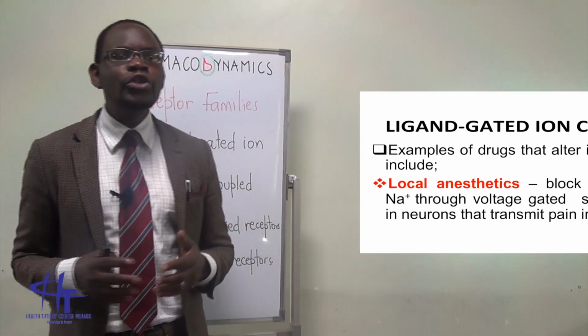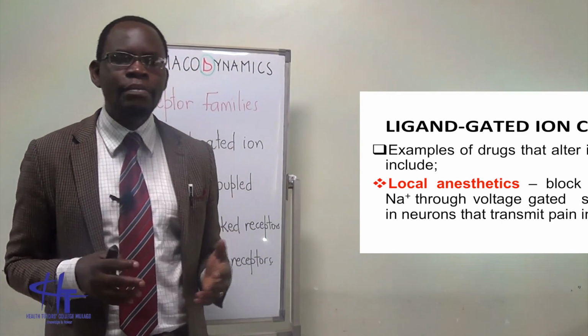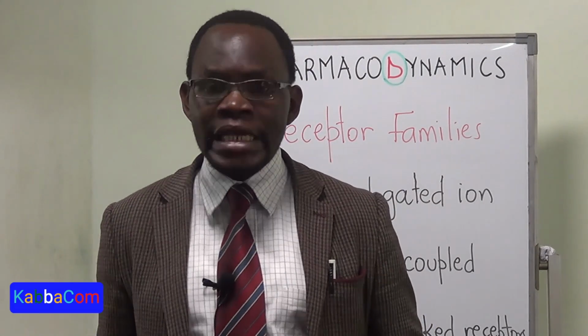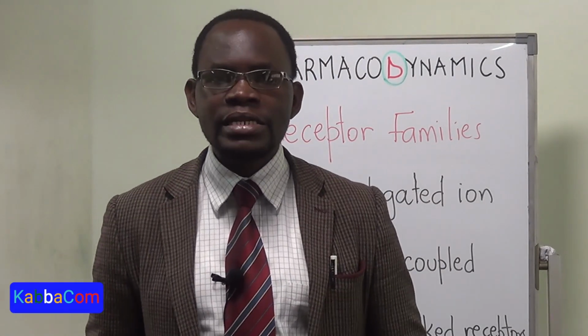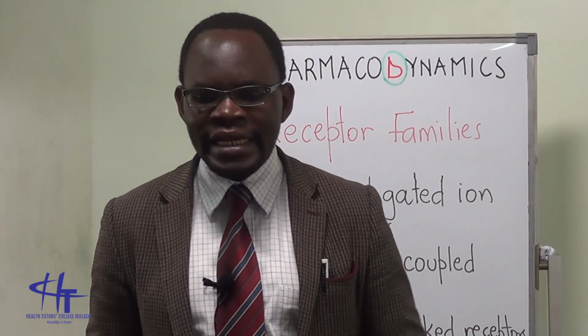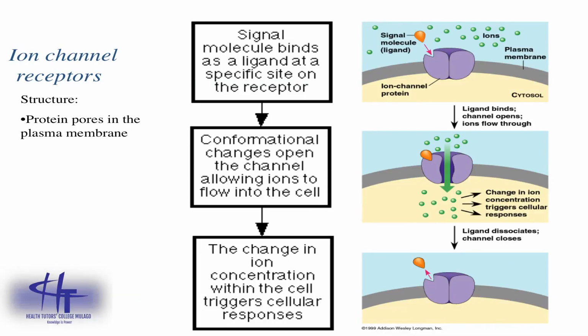Now we are going to be talking about one at a time, how it basically works or operates, and then we shall also see examples of drugs that work through these different receptor families. Now let's start with the ligand-gated ion channels, and we are going to see that these work through what we call a ligand.